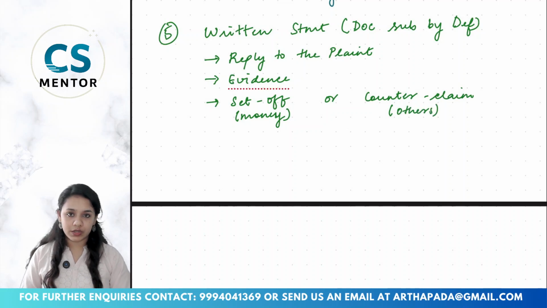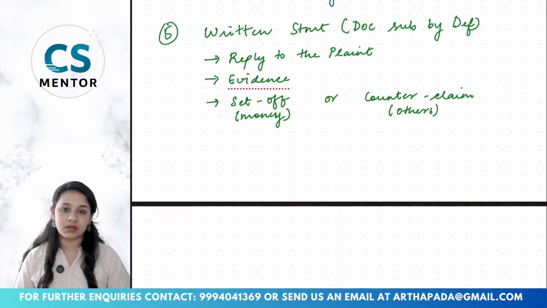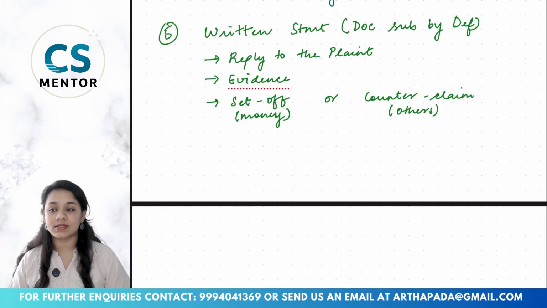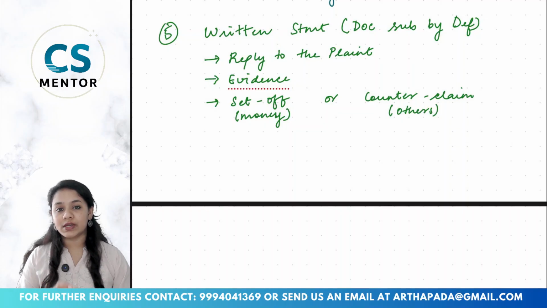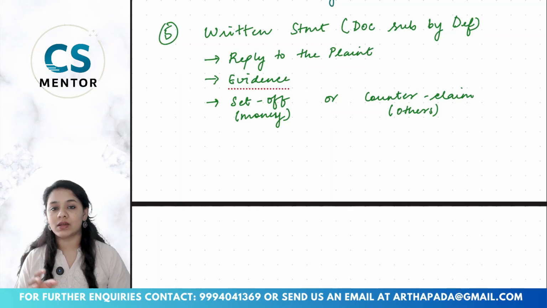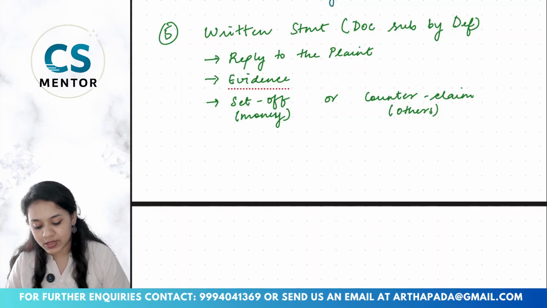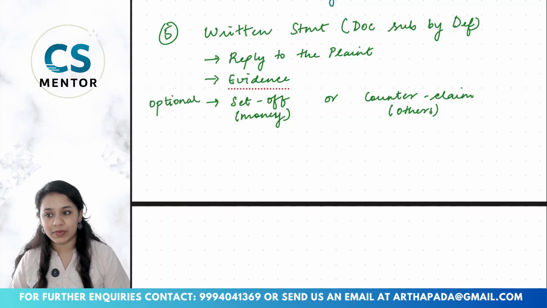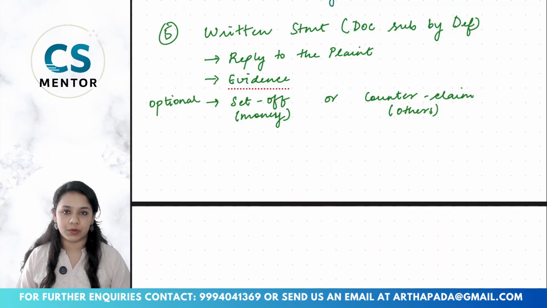Anything that does not relate to money, but can be something related to other rights, is known as a counterclaim. So in a written statement, first and foremost it has to be only a reply to the plaint. The evidence to support your argument should be given, and a set off and a counterclaim can also be claimed. So this is optional. If there is a set off, it can be claimed. If there is a counterclaim, it can be claimed.